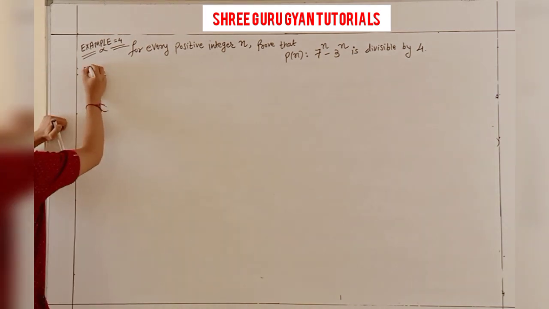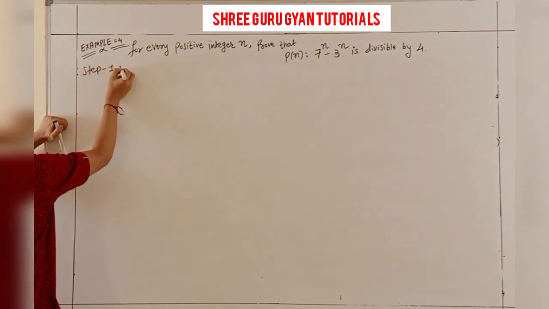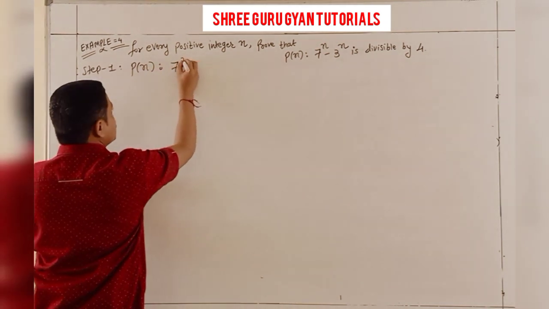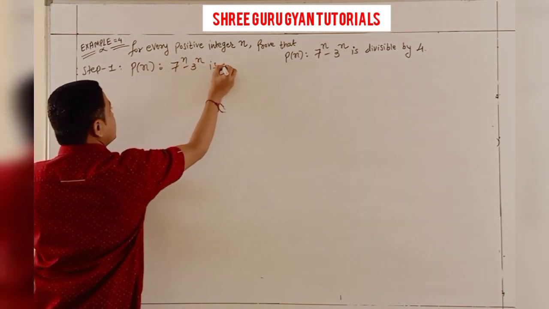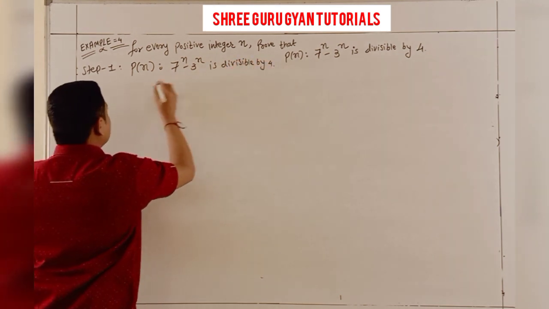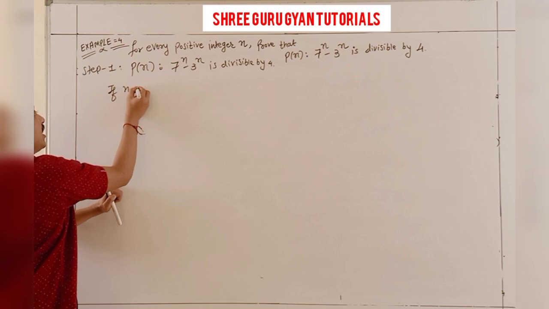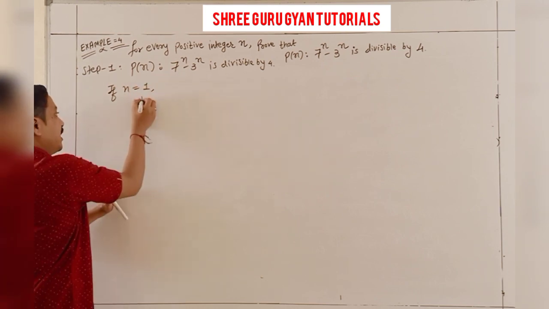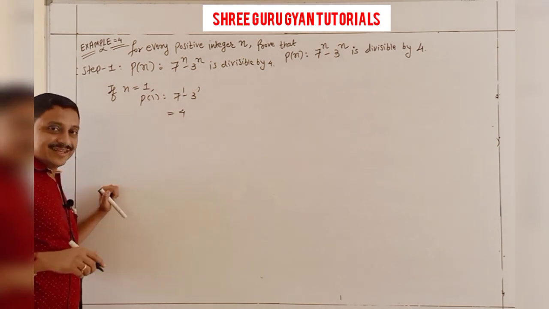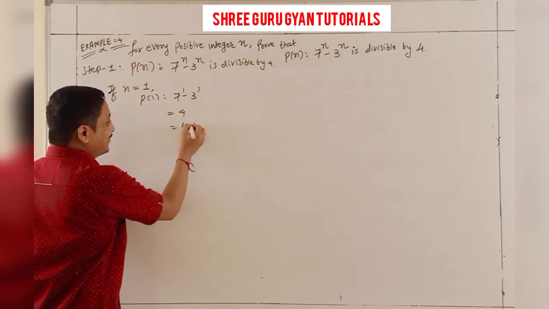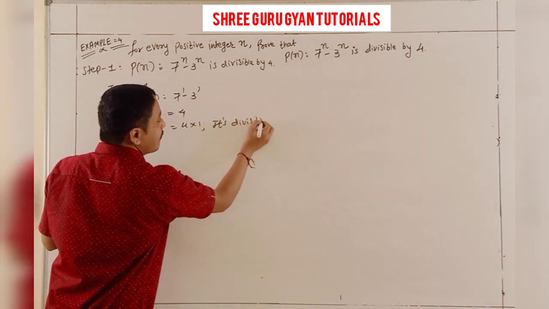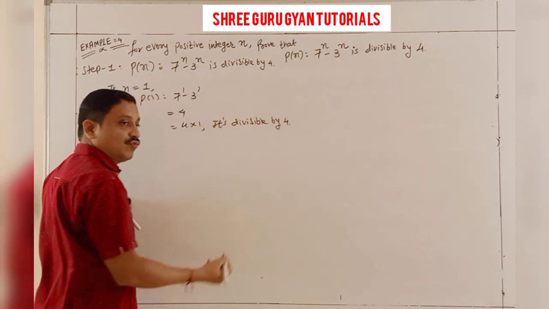So I am going ahead with our step 1. What is step 1? Pn is what you are proving: 7 raised to n plus 3 raised to n is divisible by 4. If n is equal to 1, apply it: 7 raised to 1 plus 3 raised to 1 is 10... the value is 4 into 1, so it's divisible by 4.